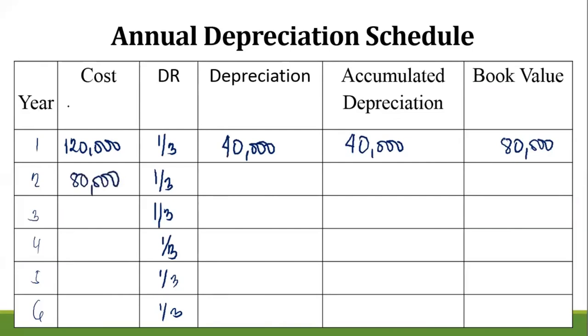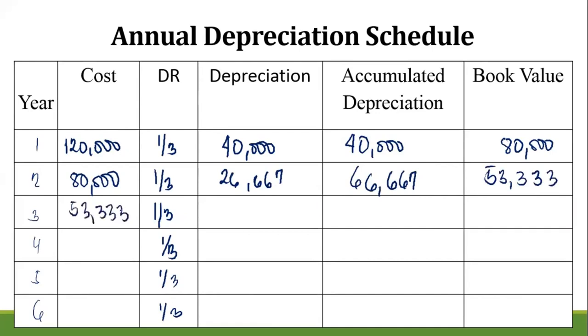Okay. And then, the book value on the second year is 80,000 with the depreciation rate of 1/3. So this is equal to 26,666. Okay. So the accumulated depreciation is now equal to 66,667. Okay. And the book value is equal to 53,333. So, this is now the cost on the third year.